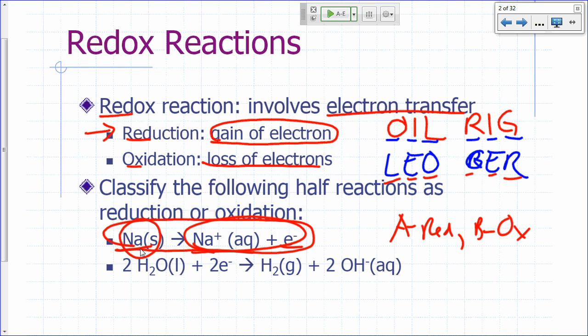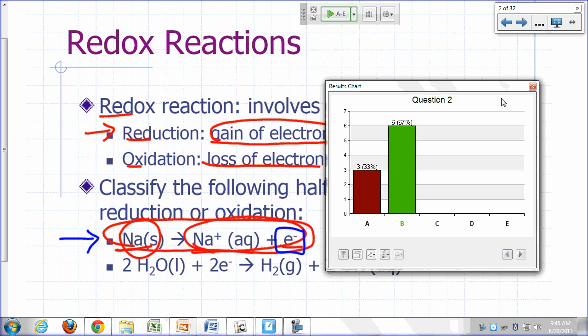What you have before has now separated from its electron. When you see an electron on the right-hand side of a half reaction, that is oxidation. The correct answer here is oxidation.